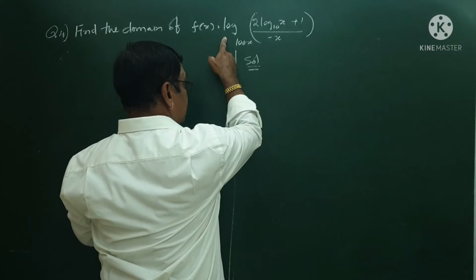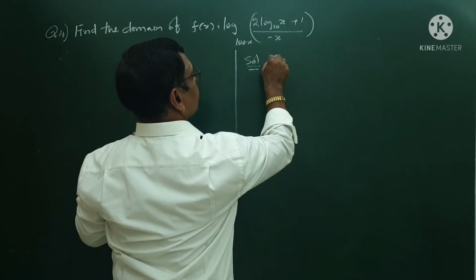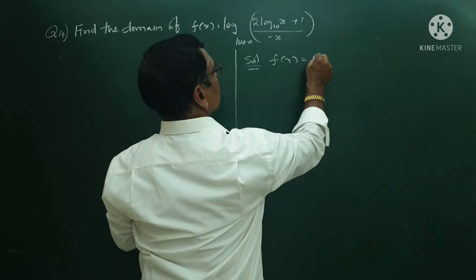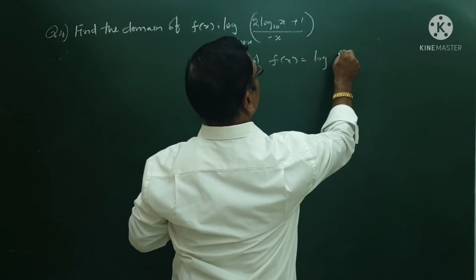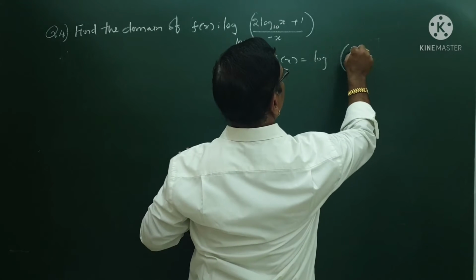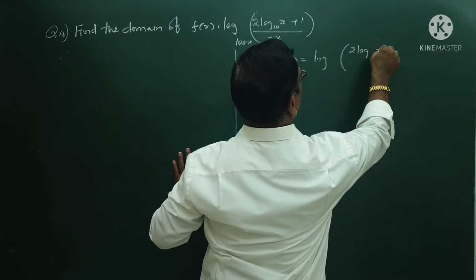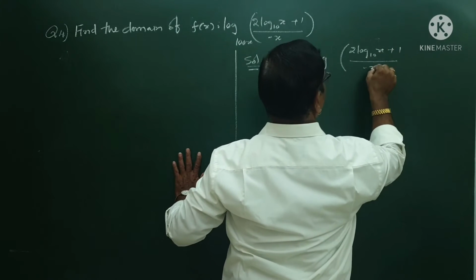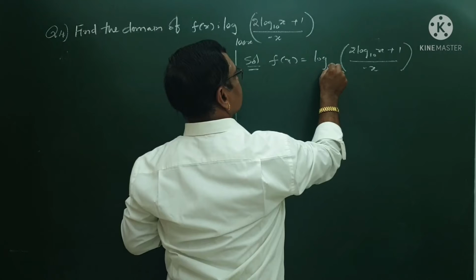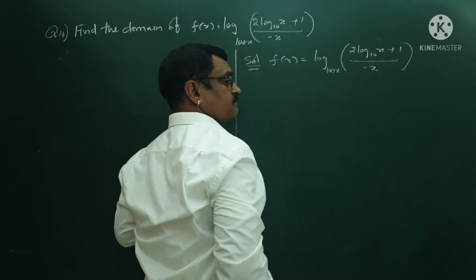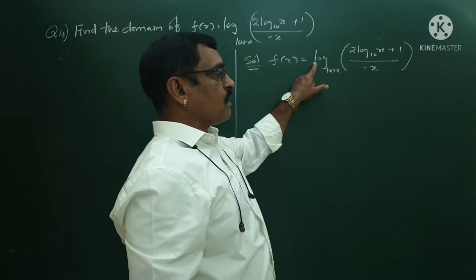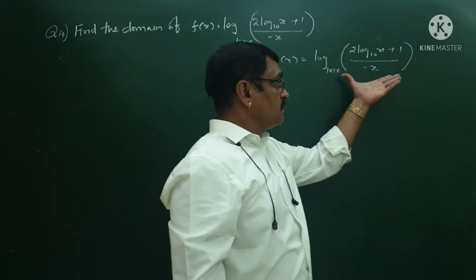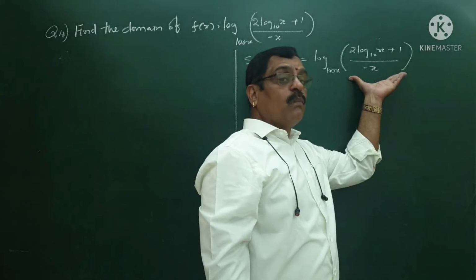First one, because of the log, first I write this step. f of x is equal to log of (2 log x base 10 plus 1) by minus x, base 100x. First I consider this log. Because of log, this expression must be more than 0.